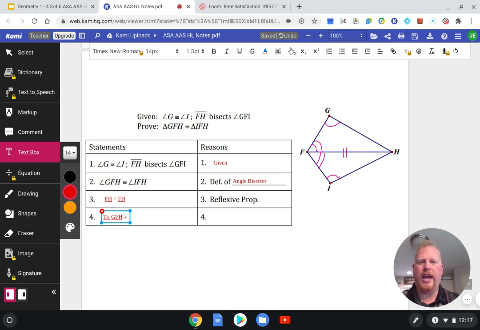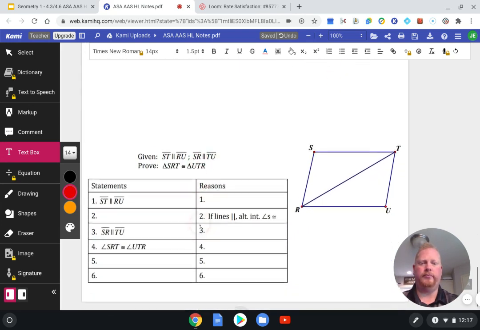So triangle GFH is congruent to triangle IFH. And the reason I know that's true is by angle, angle, side. So I've successfully proven that the two triangles are congruent by listing all three pieces that I need and then saying they're congruent by angle, angle, side.